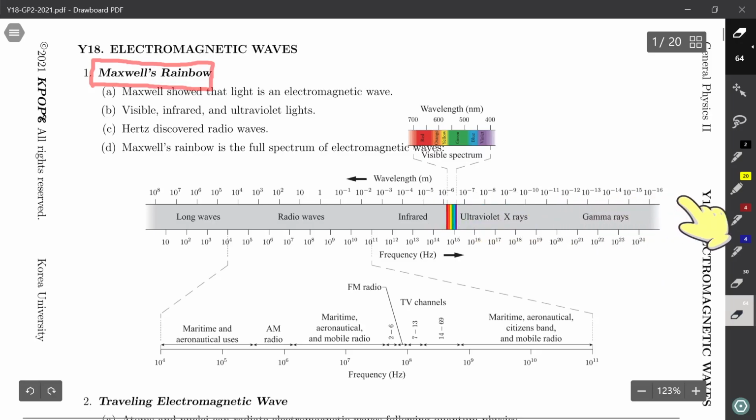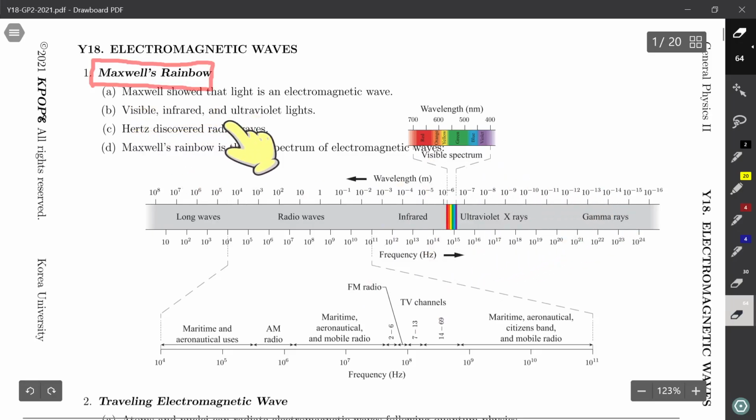This is a huge, wide spectrum of Maxwell's rainbow. If you go to longer wavelength, we reach radio waves and long waves and so on. They are in units of meter in wavelength, units of hertz for the frequency.